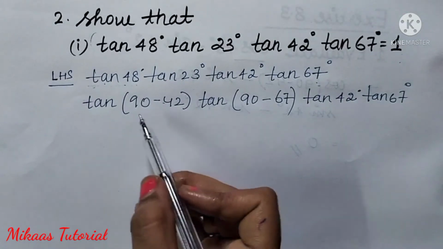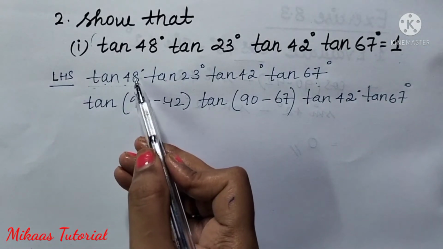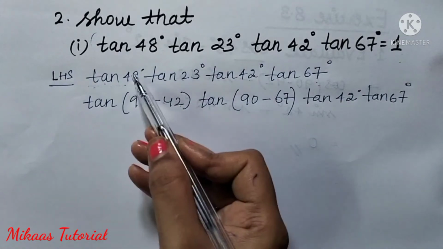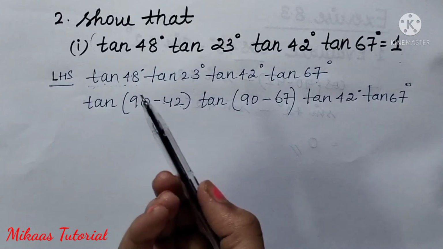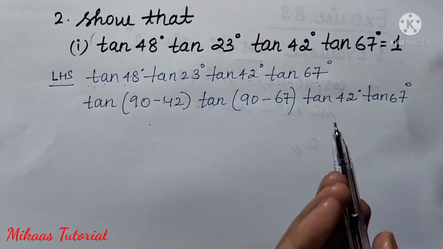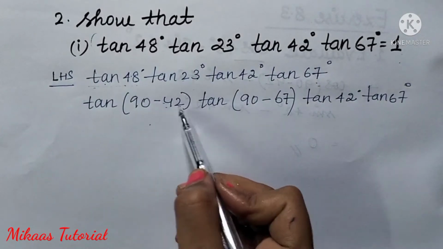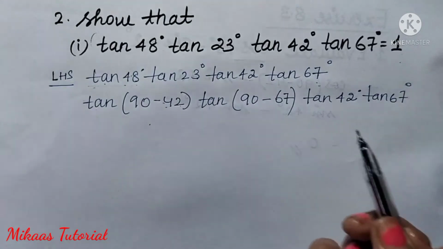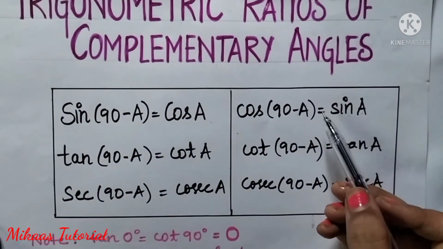Now, you have tried to convert these values into the same form so that you will get 42 here. So, here also we will get 42. But it can be 42 with cot, sin, cos or any other values. We need only the values to be the same. So, tan 90 minus 42 you can convert using the complementary angles.